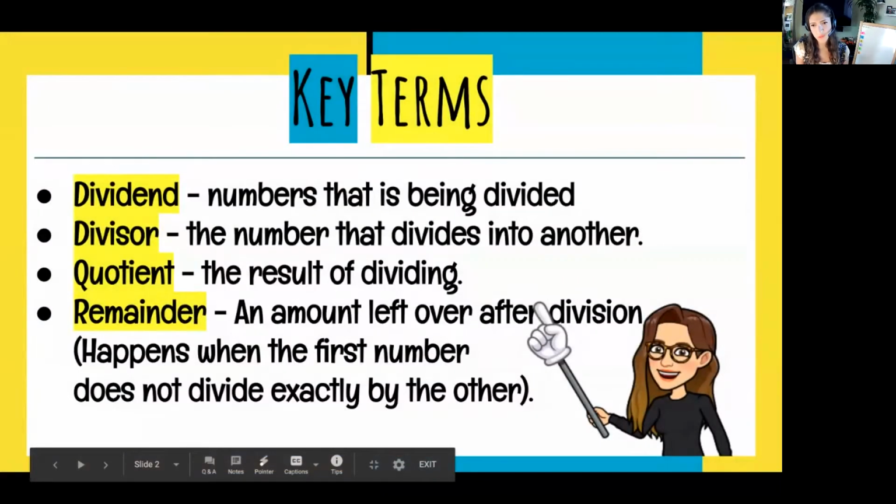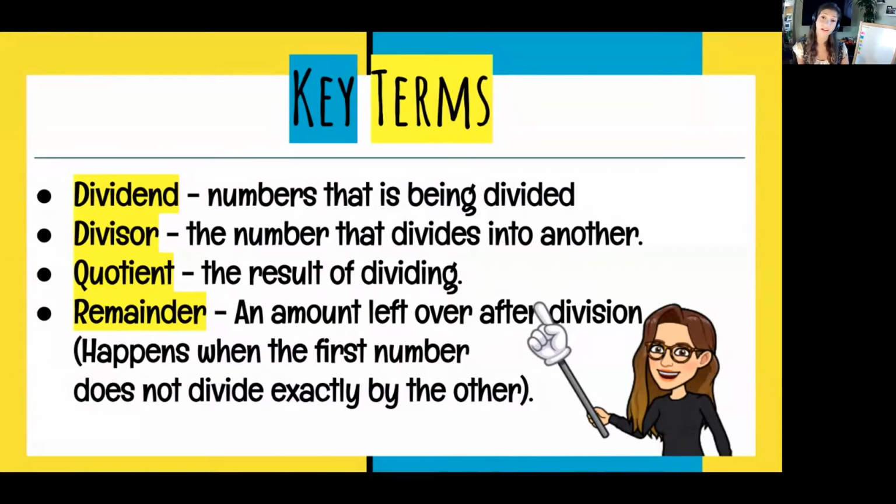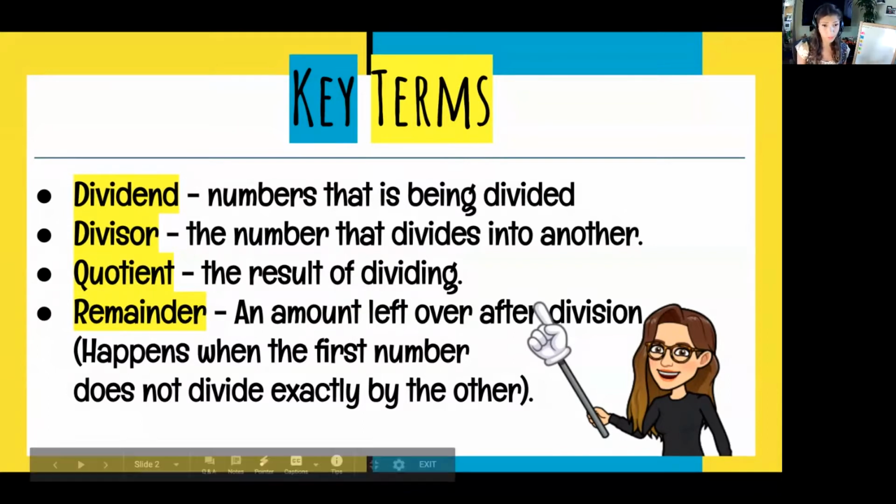Let's review some terms from the last chapter just to make sure that while I'm explaining, we understand the terminology I'm using. Remember, the dividend is always the number that is being divided, not necessarily the bigger number, but the number that is being split. It goes in our table to be shared, right? Our divisor is the number that divides into another. That is our number that tells us what times table we're going to be working with.